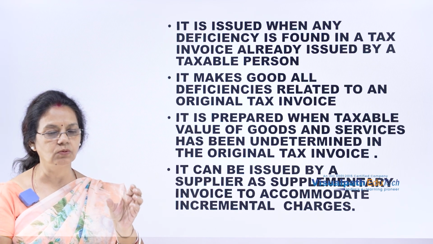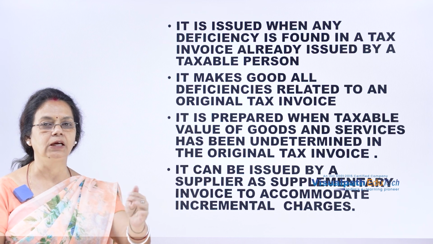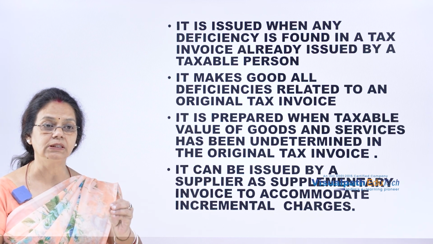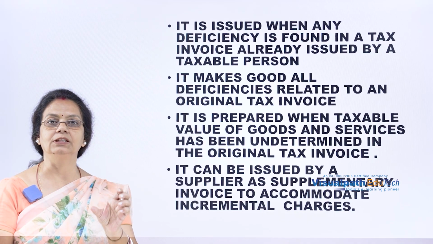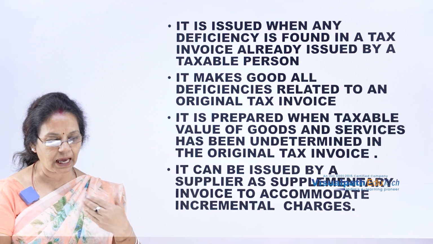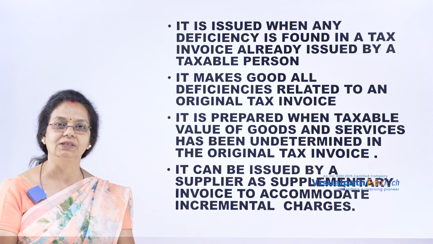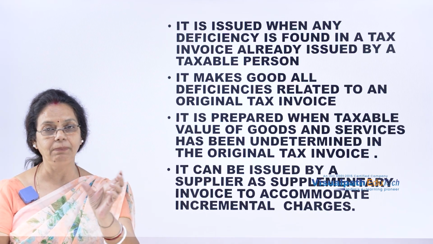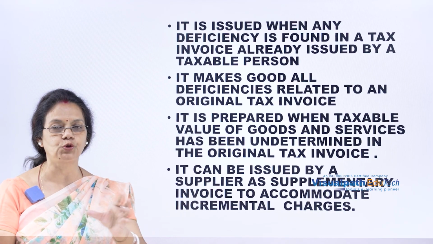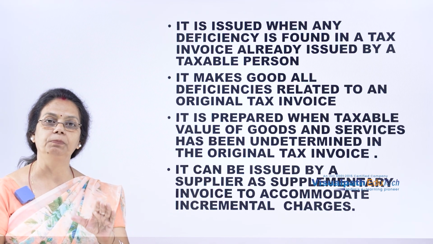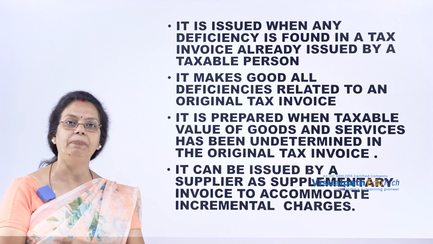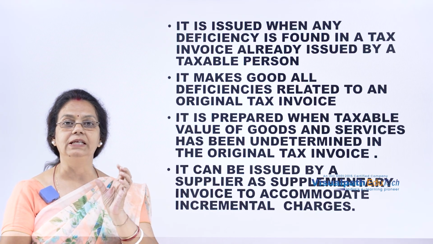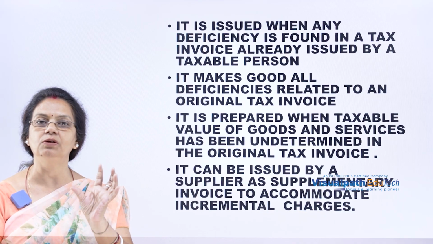The 20,000 rupees is ignored, or has been missed out. So in such a case, another tax invoice has to be prepared. That supplementary, extra piece of paper has to be prepared after the invoice has already been prepared. So the word deficiency we have to mention over here.